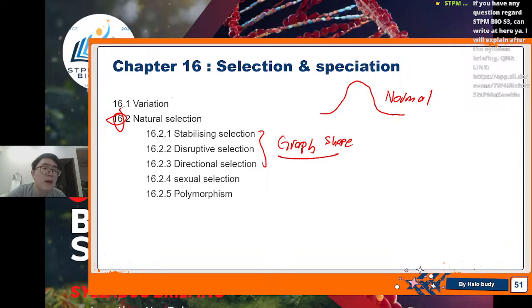Before that, you have to know the meaning of selection.